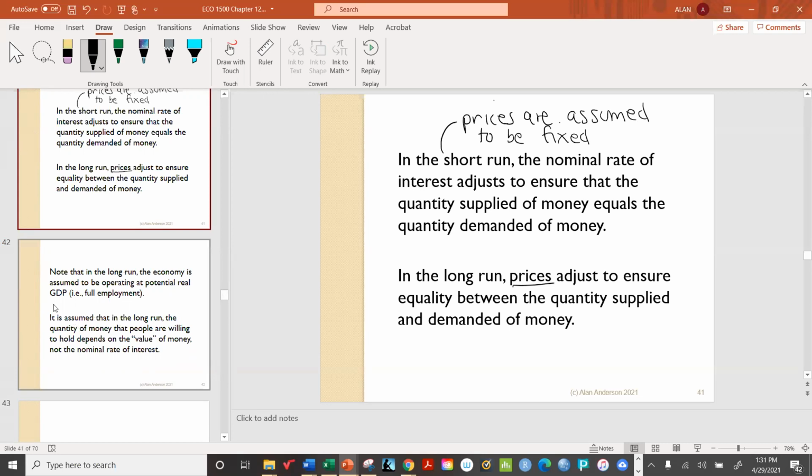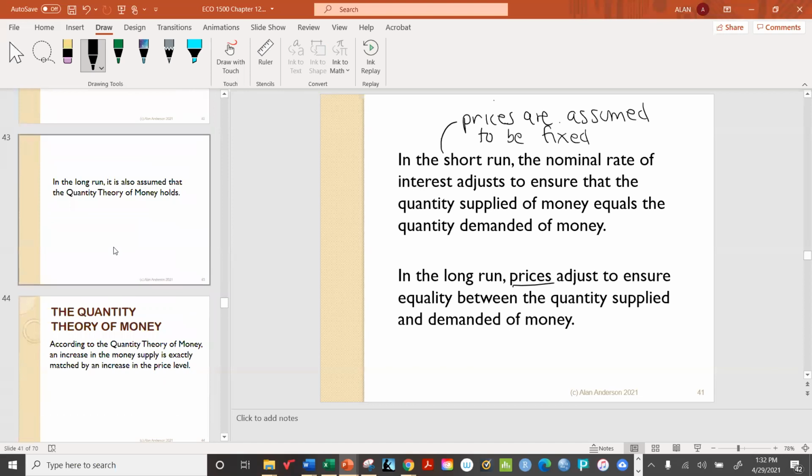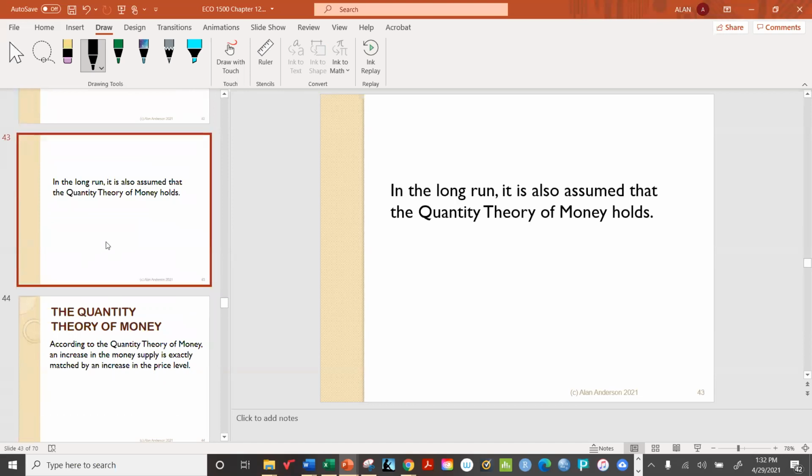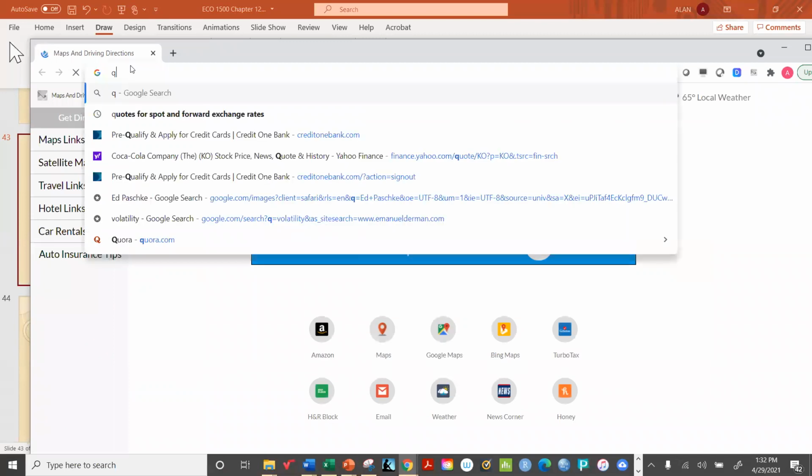All right, so with those assumptions in place, there's one more: the quantity theory of money. I believe we did see this in one of our videos. The quantity theory of money has been around for a long time. I don't remember exactly who's responsible for this, but it's been around since at least, I would say, the 1700s. Let me just check this out, just out of curiosity.